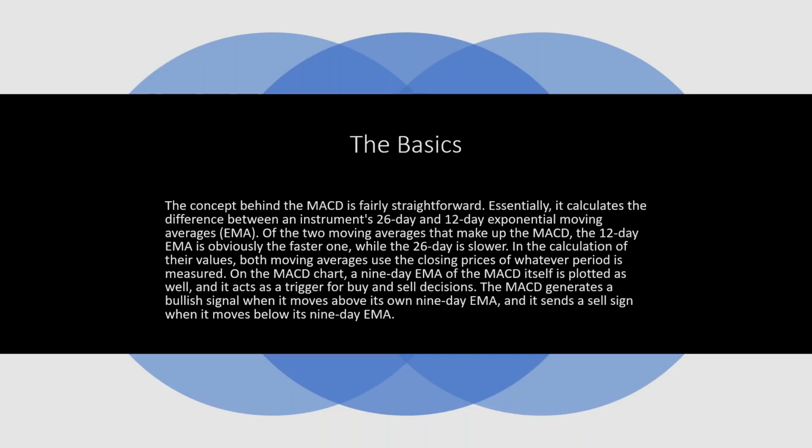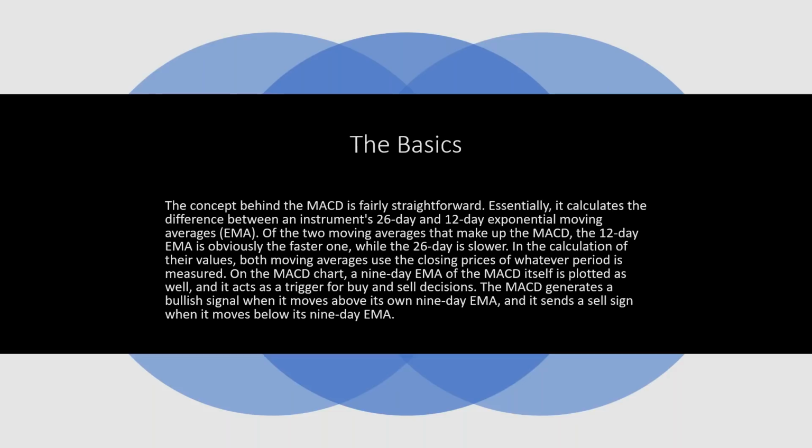The other thing, and we're going to go over to the chart and start doing this in a second, is that the biggest difference between a 12-period and a 26-period is that one is a faster reacting moving average and one is considered a slower moving average.